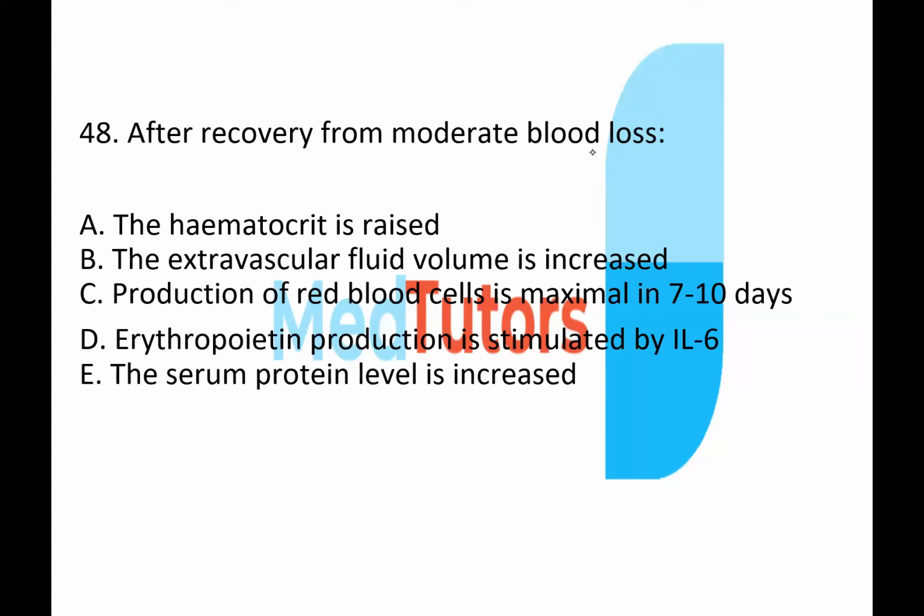After recovery from moderate blood loss, the hematocrit is raised, the extravascular fluid volume is increased, production of red blood cells is maximal in 7 to 10 days, erythropoietin production is stimulated by interleukin 6, serum protein level is increased.